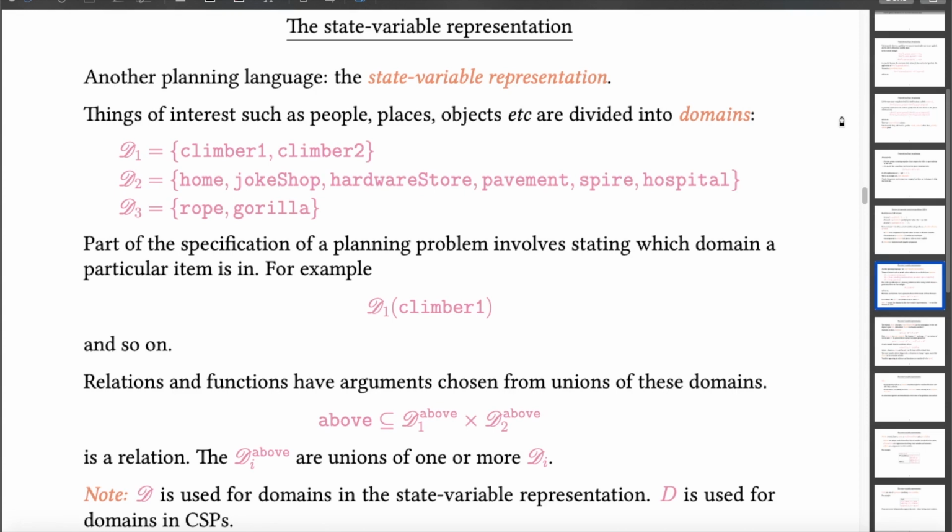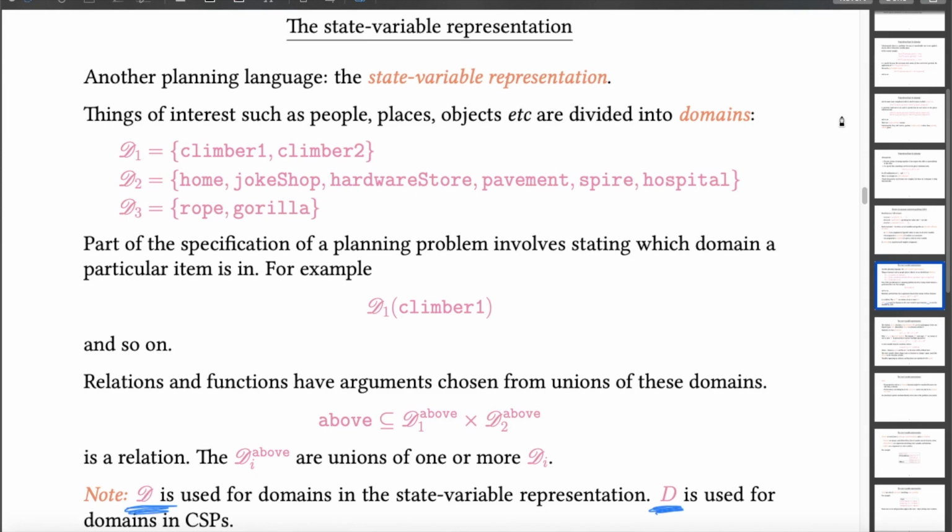Now, in order to set this up properly, I need to talk about domains. And from the outset, I'm going to direct your attention to the note at the end of this slide, because we have to be careful not to confuse the domains that are used by the state variable representation, which I will always be denoting as a beautiful curly D, like this one, and the domains that are used for CSPs, which I will be denoting using a bog standard, ugly and boring capital D. But it's important that you don't get those mixed up.